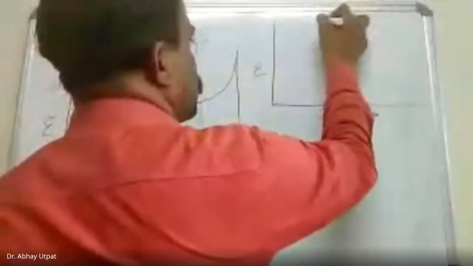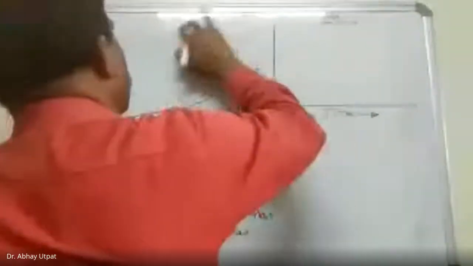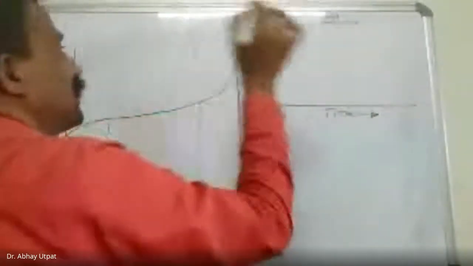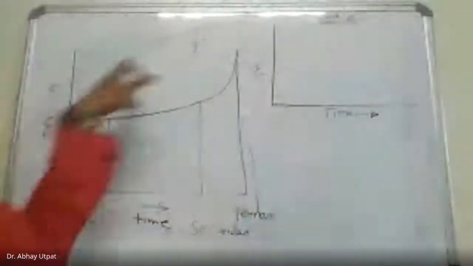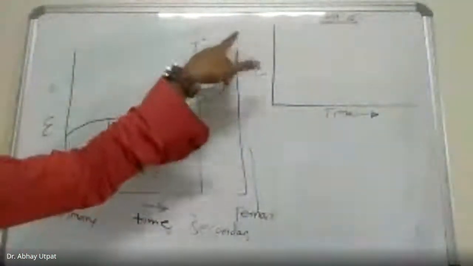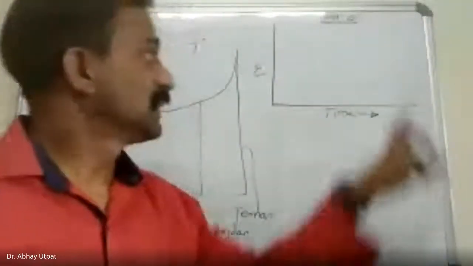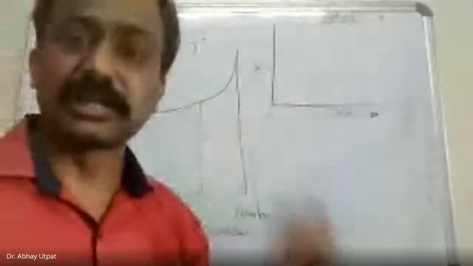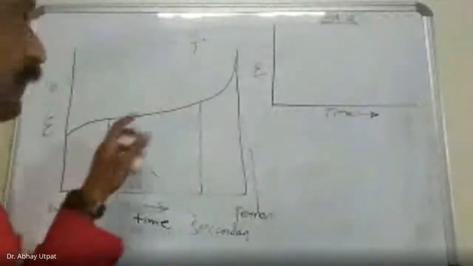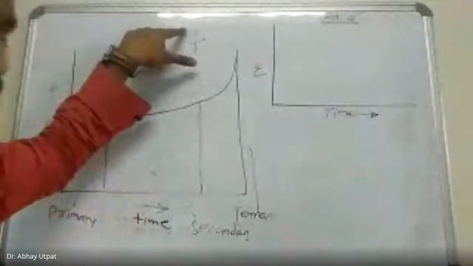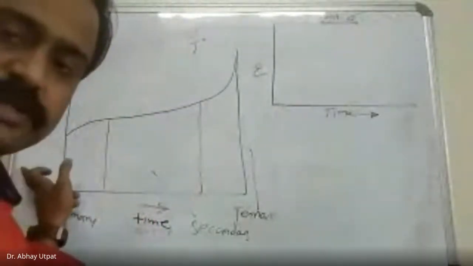Constant stress. No, this is not strain, I am saying stress, constant stress. This is strain, and this is stress. Sigma is the stress value, and epsilon is strain. If you increase stress, strain will increase for constant temperature.